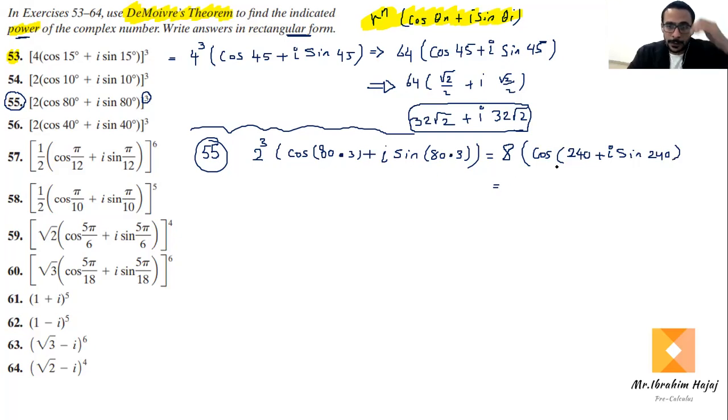And sine 240 will be minus radical 3 over 2. So your answer is 8 times negative half, negative 4, and now minus radical 3 over 2 i.